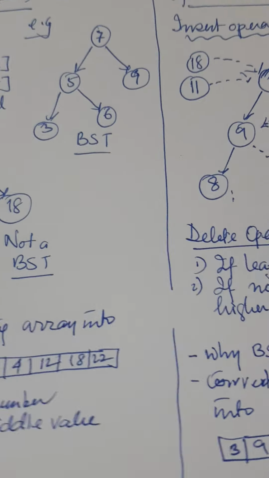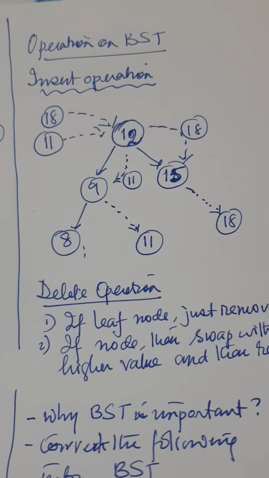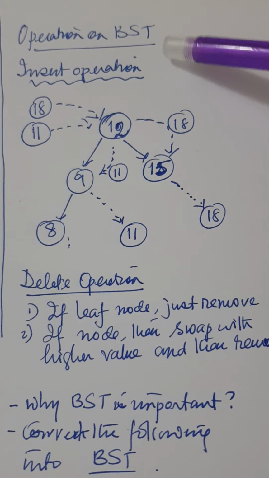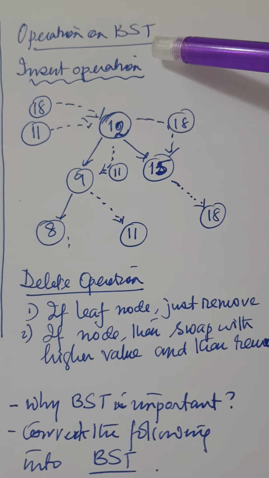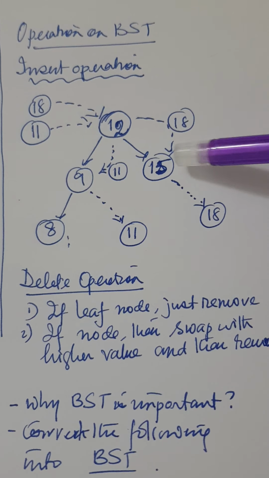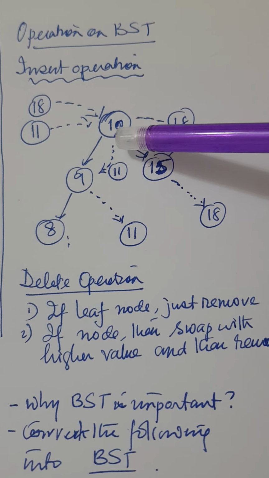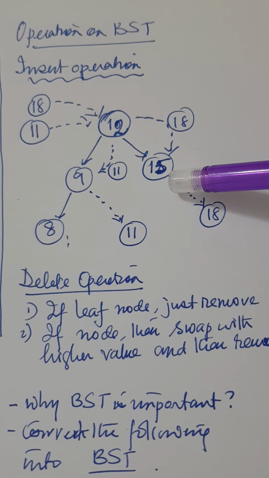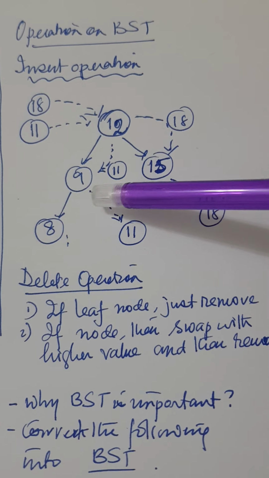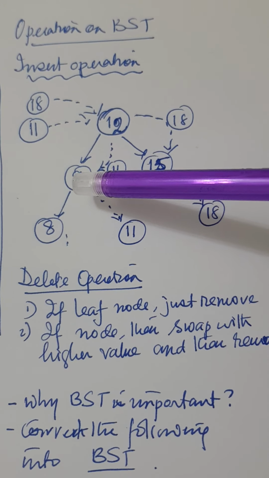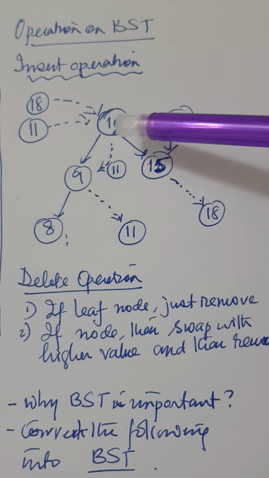Now I want to discuss the operations on a binary search tree. Consider this search tree that we already have. We have 12, then 9 on the left, 15 on the right, and then 8 on the left of 9, and this is the binary search tree we initially have.